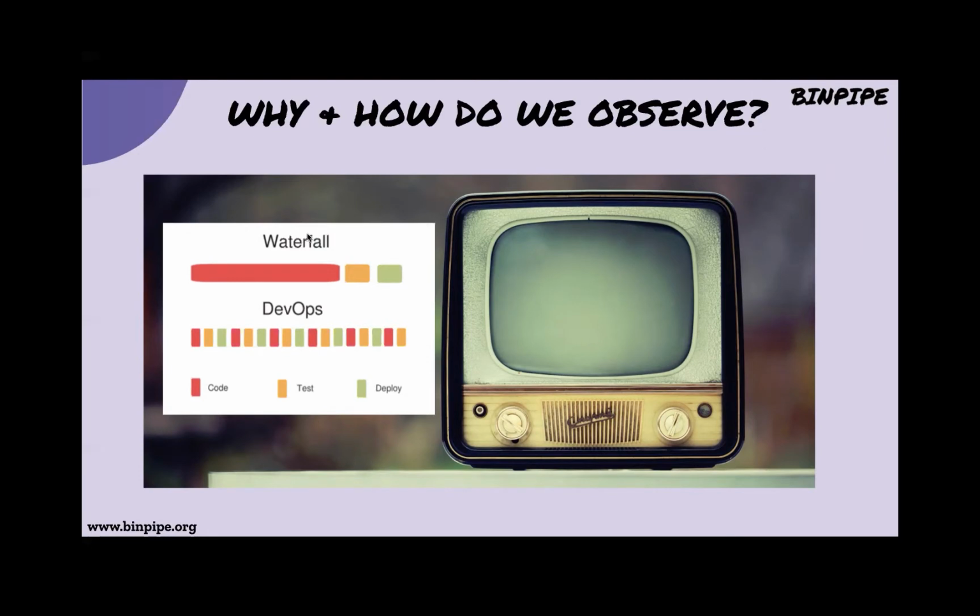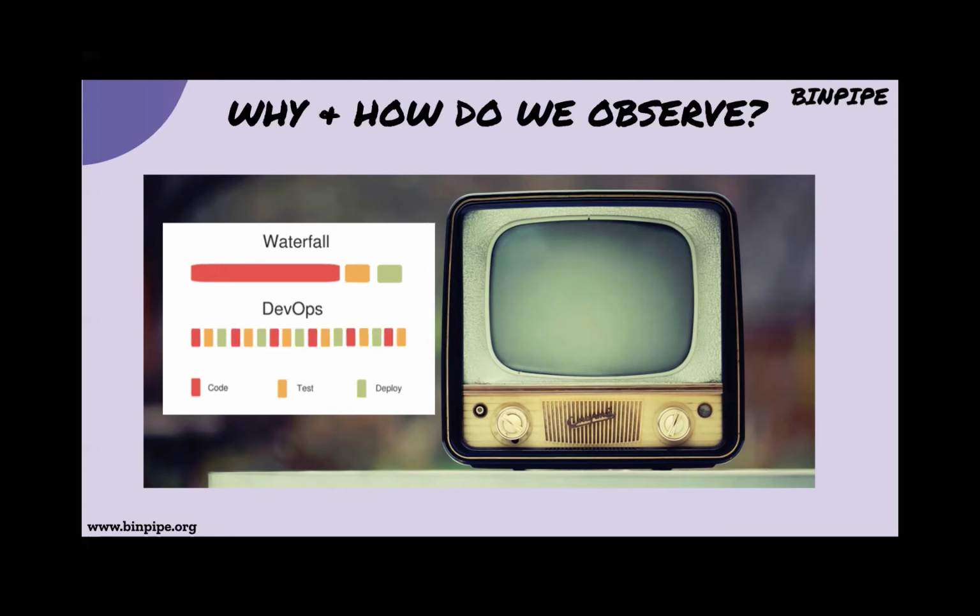Before that, I would just like to explain you this diagram on the left hand side. You can see waterfall and DevOps. In our previous sessions, we discussed that these are some of the models, like you have heard about software development lifecycle SDLC models.